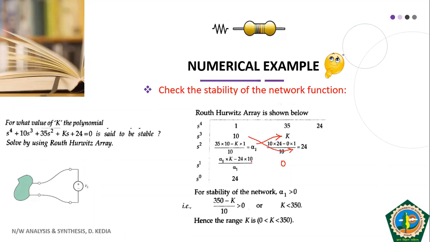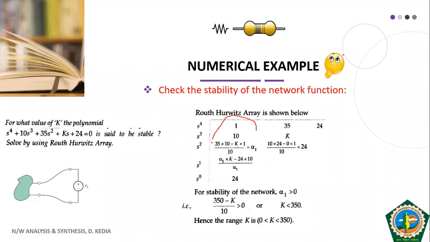So k alpha 1 minus 240, divided by alpha 1. This is what we have obtained here. Now if we want to obtain this coefficient, we multiply this with 24 minus alpha 1 into 0, that will be 0. And this into 24 divided by this gives us 24 only. So with this, we are able to get all the given values.